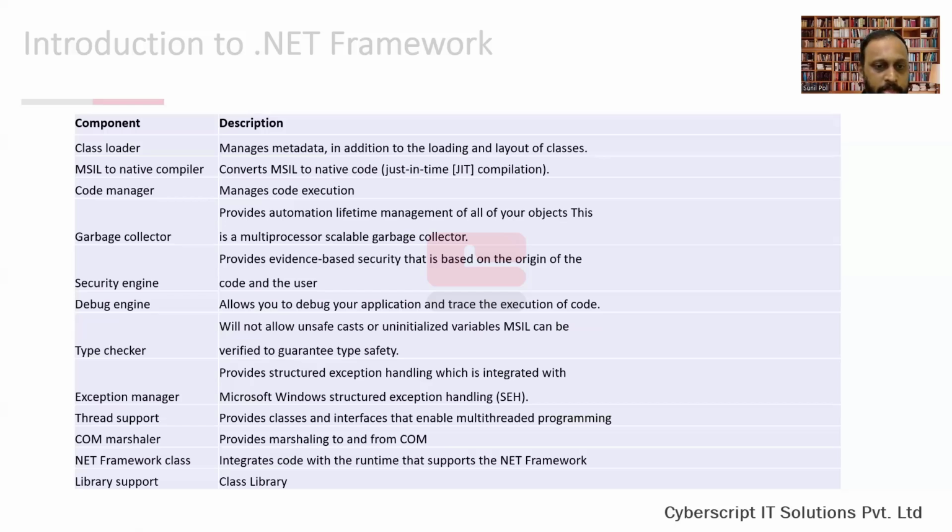The next task is thread support. As .NET framework languages support multi-threading, it provides the classes and interfaces that enable multi-threaded programming. The next one is the COM marshaller, which is responsible for marshalling to and from COM objects.